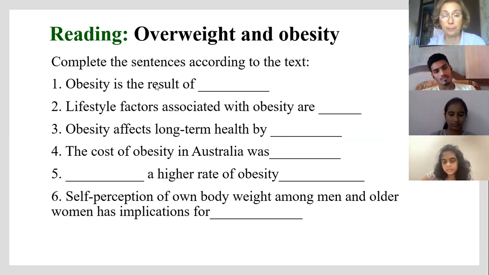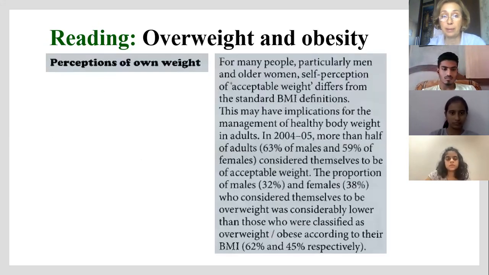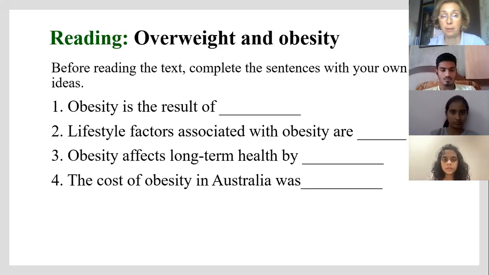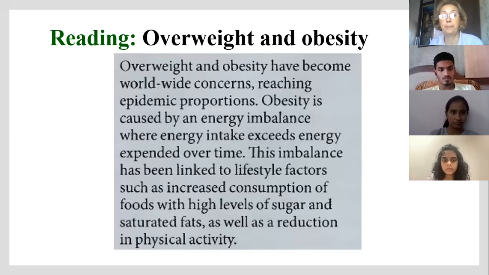The first one. Yes, ma'am. Like obesity, ma'am, it is energy imbalance. Yes, the energy intake exceeds energy expended over time. So that goes inside and outside the body, right?